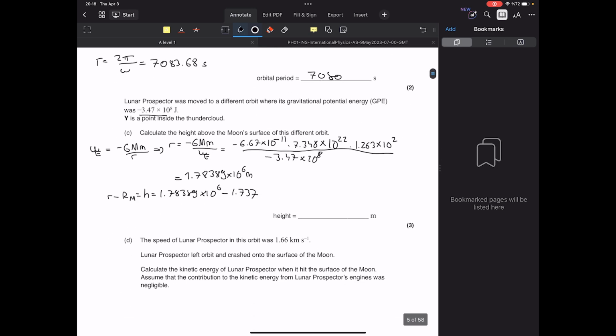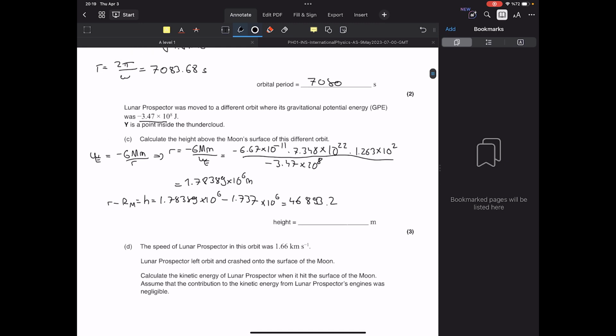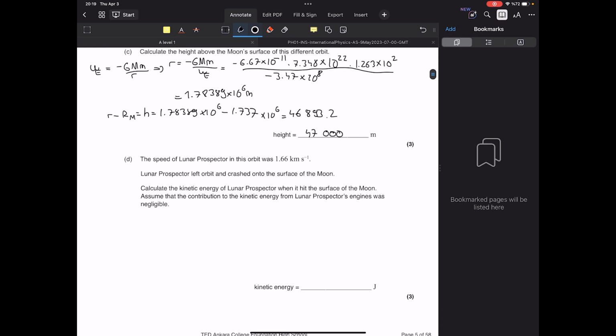So that will equal 46,893.2, I think. 46,893, yeah. And that's the height. So to 3SF, that would be 47,000 meters.